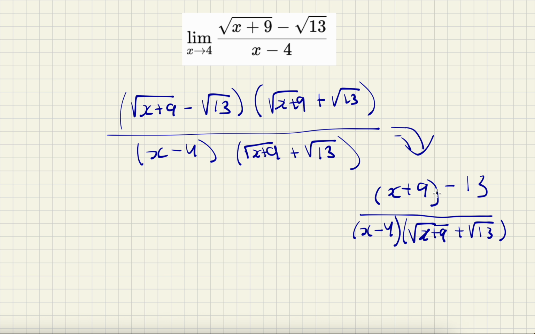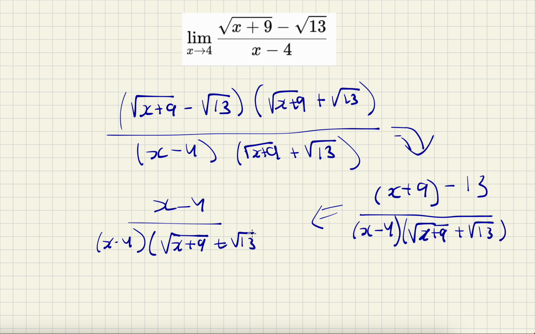And now we can simplify the numerator, and we get x minus 4 over x minus 4 times the square root of x plus 9 plus the square root of 13. And so we see that x minus 4 cancels out, and the function is simply 1 over the square root of x plus 9 plus the square root of 13.